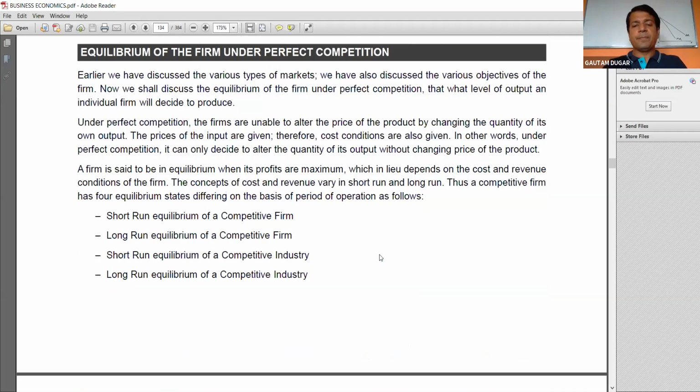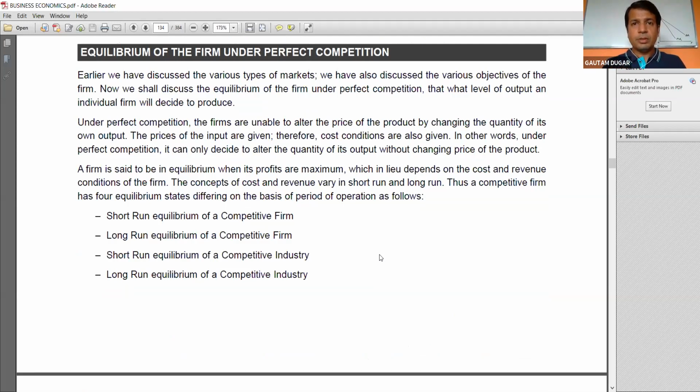Equilibrium. Going through your book, you must have found that for equilibrium in perfect competition, we have two time periods, the short run and the long run. Short run equilibrium and the long run equilibrium.